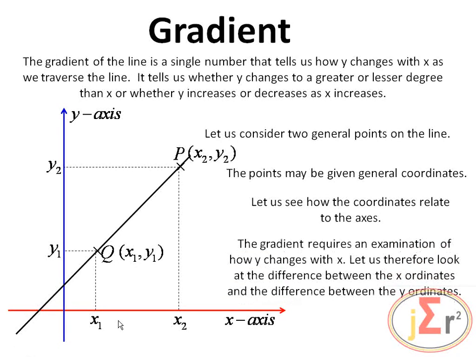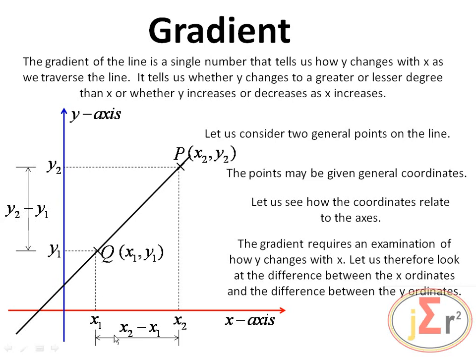The gradient requires an examination of how y changes with x. Let us therefore look at the difference between the x ordinates and the difference between the y ordinates. So we are going to put in the difference. The difference between these two is y2 minus y1.